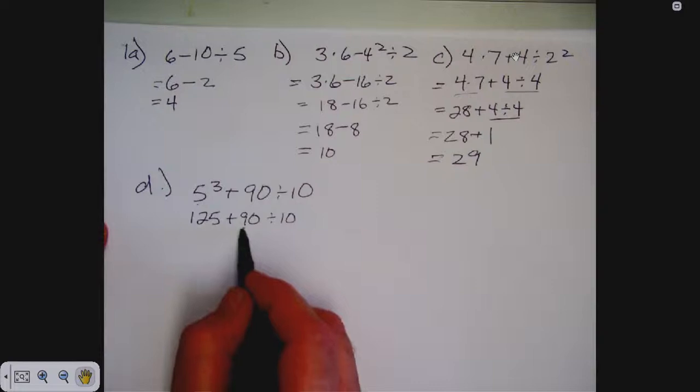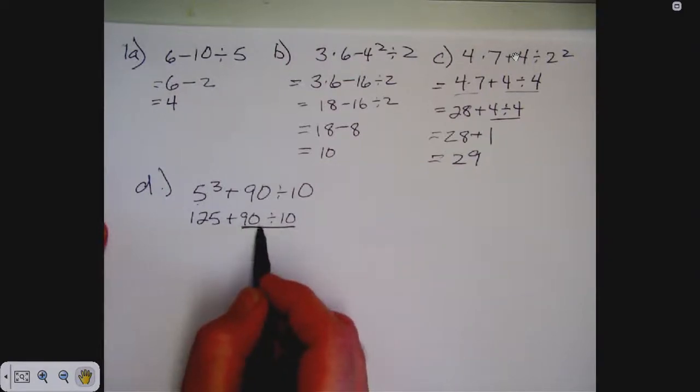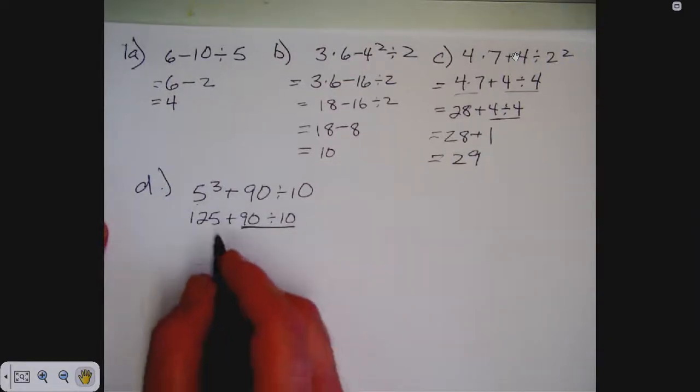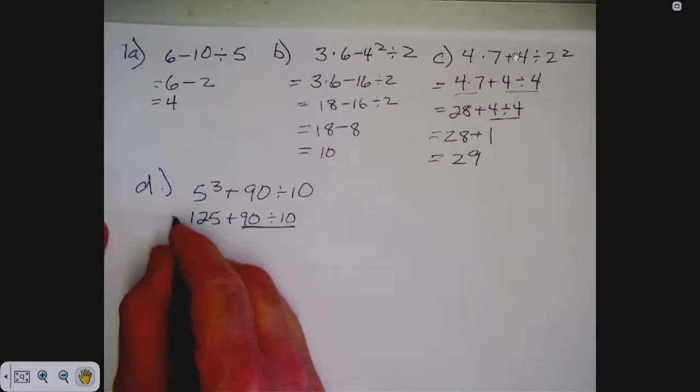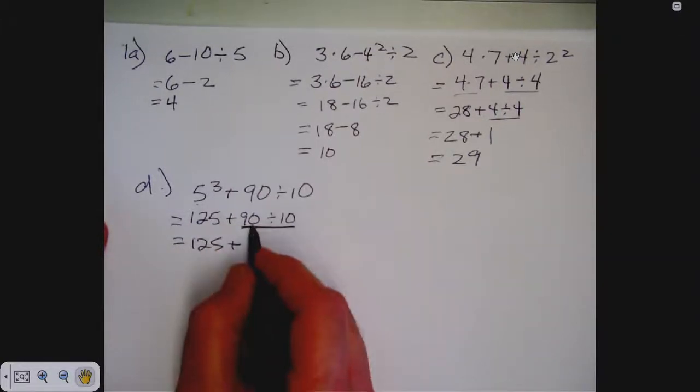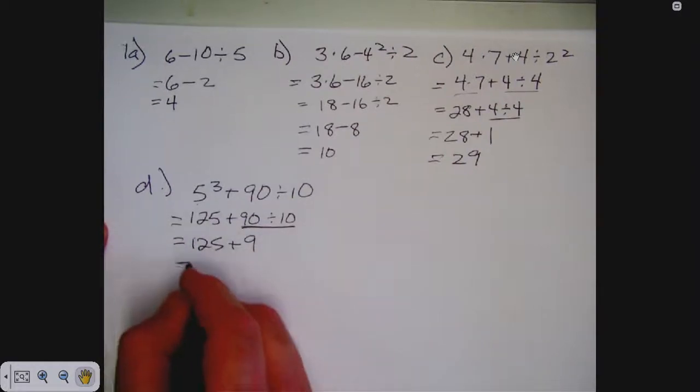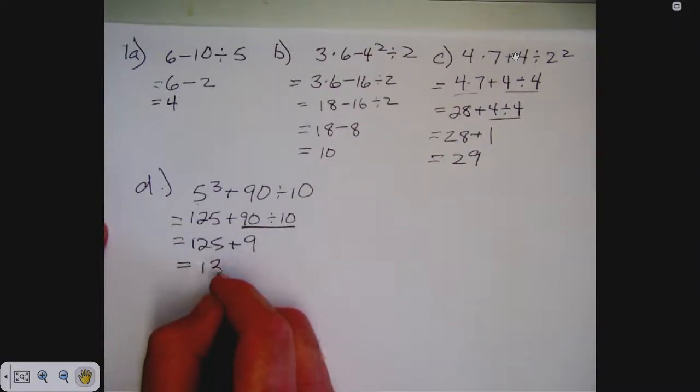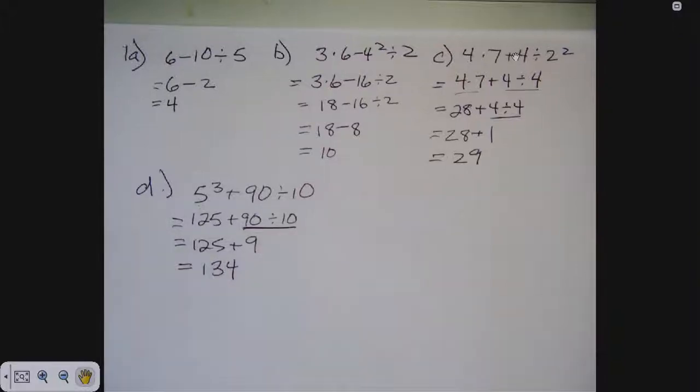I'm going to do the 90 divided by 10 because division goes before addition. And so I'm going to get 125 plus 9, and I'm going to get 134. Okay, so those are some examples of doing that.